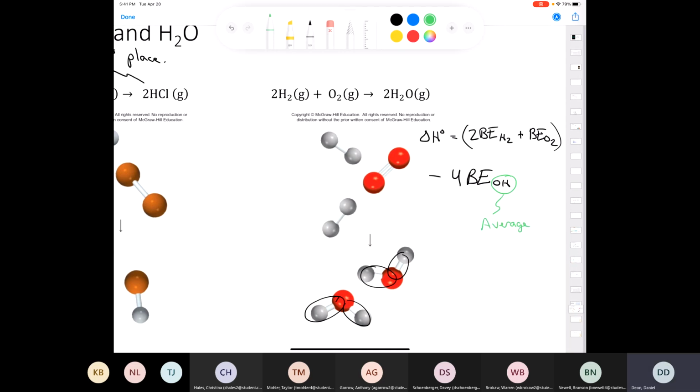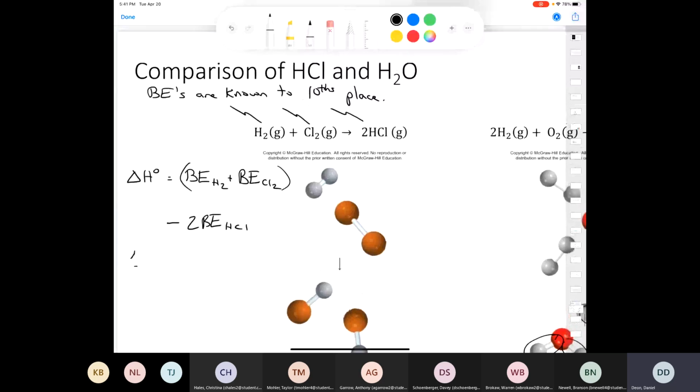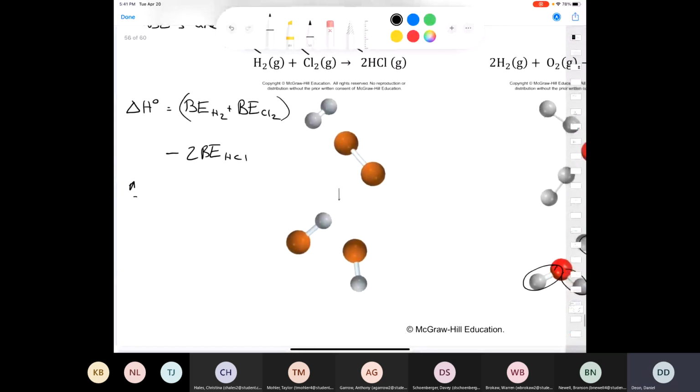So that means that the delta H for this reaction is only going to be reported to the ones place. And this delta H for this reaction will be reported to the tenths place, or the first decimal place, okay?